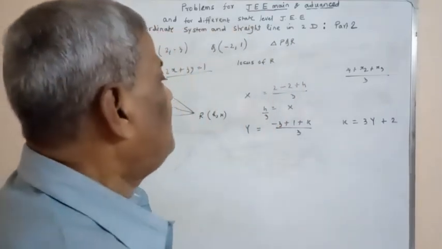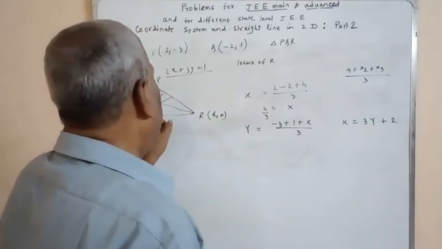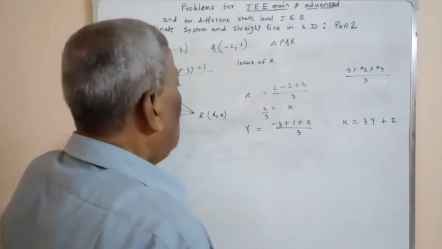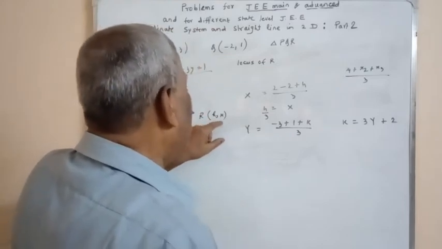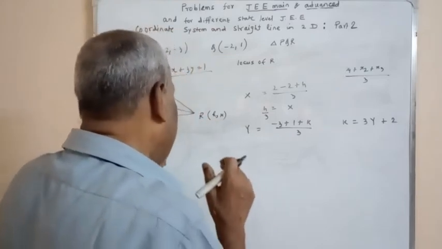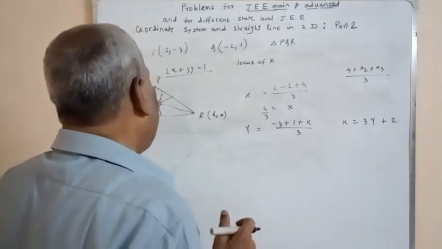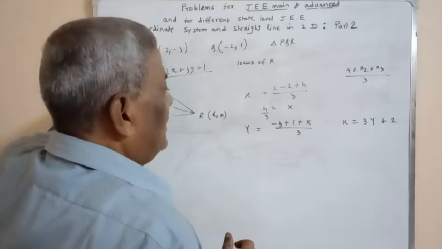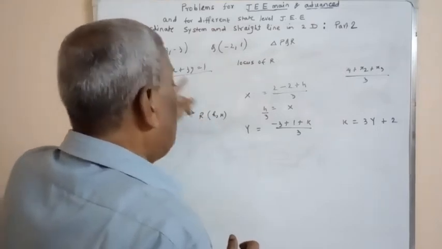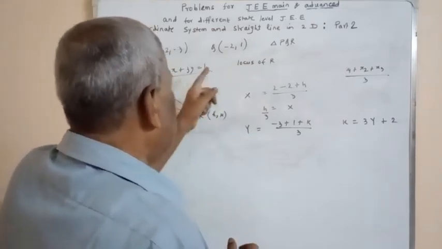Now, (h, k) is the third vertex, and it is given that the coordinate of the centroid lies on that straight line, so capital X and capital Y will satisfy this.